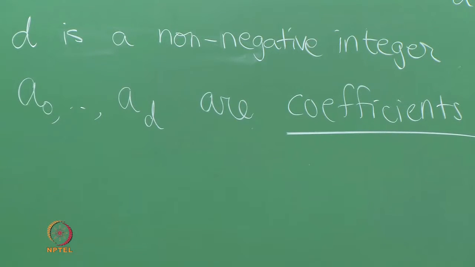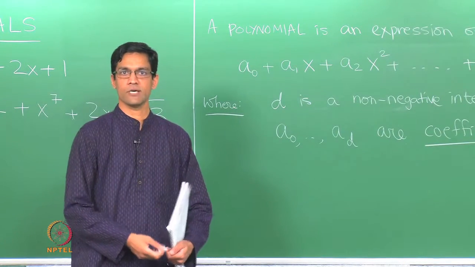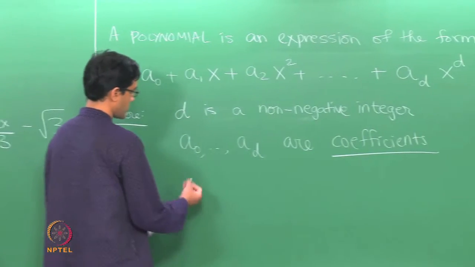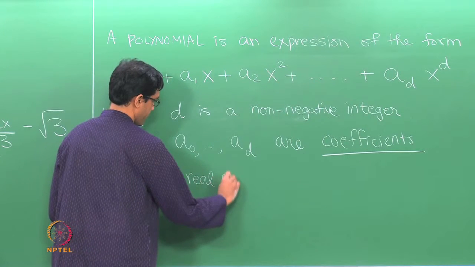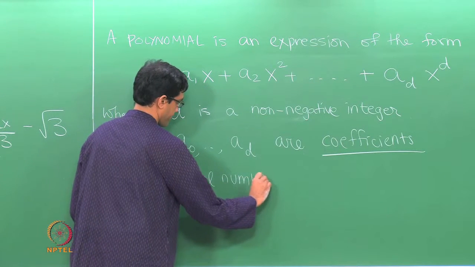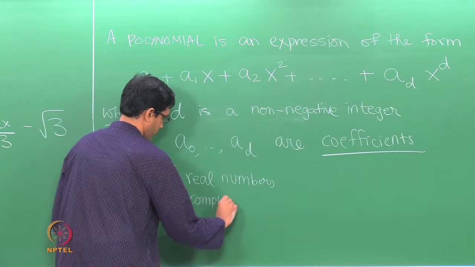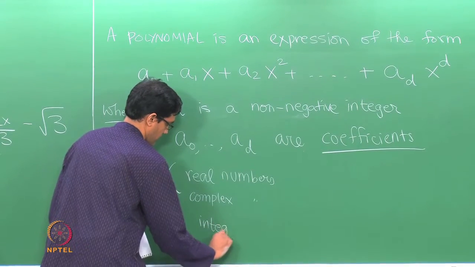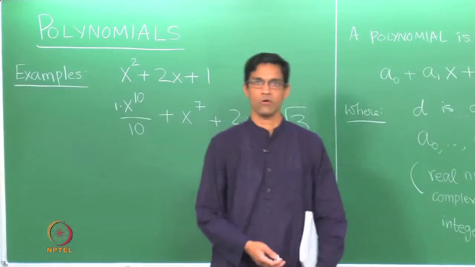For instance, we can have coefficients which are real numbers, complex numbers, integers and so on. So, you can have various restrictions on what kinds of coefficients are allowed.